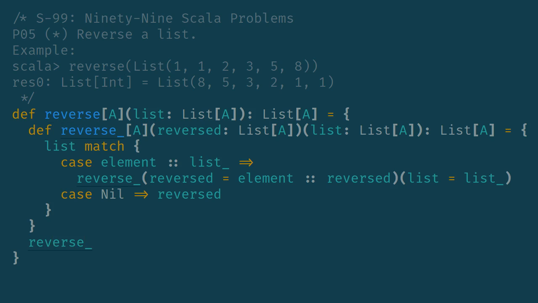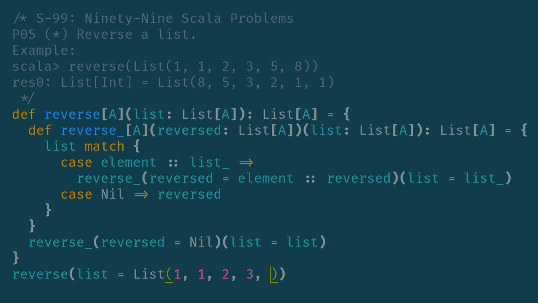So here we're just going to call this reverse prime, and to begin with, reversed is just going to be an empty list, and the list that we give it is of course the list that we received ourselves. So we're going to test this here and see if it works as we expect it to.